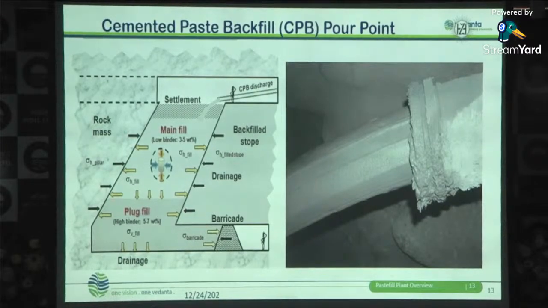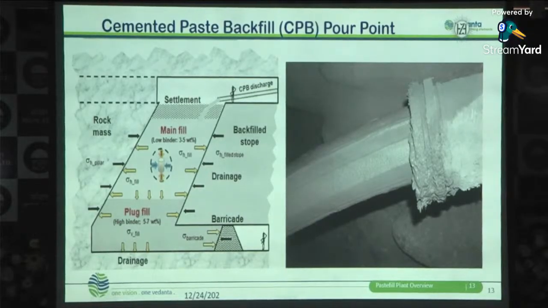Once the plug has settled down after 48 hours, when the plug has been completely cured, then whatever bulk filling or main filling we are putting does not pressurize the barricade, because the plug has settled down. So no more pressure is coming onto the barricade. Whatever pressure is coming, it is coming on the plug fill.